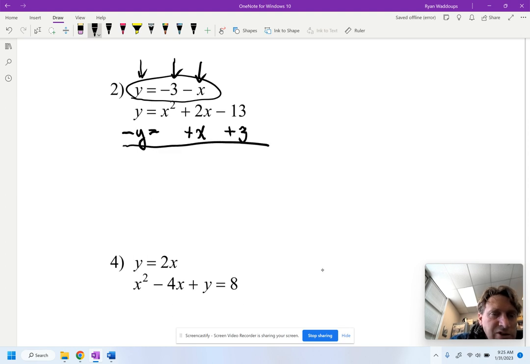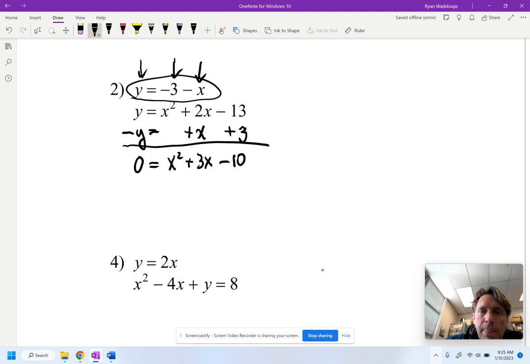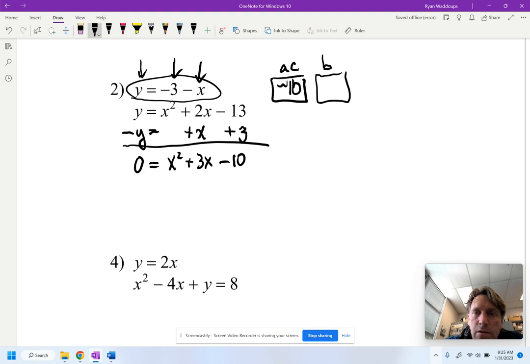So when I add these two equations together, y plus negative y is 0, is equal to x squared plus 2x plus x is 3x, and then minus 13 plus 3 would be negative 10. I then say AC is, I'm going to factor this, AC is negative 10, and B is 3.